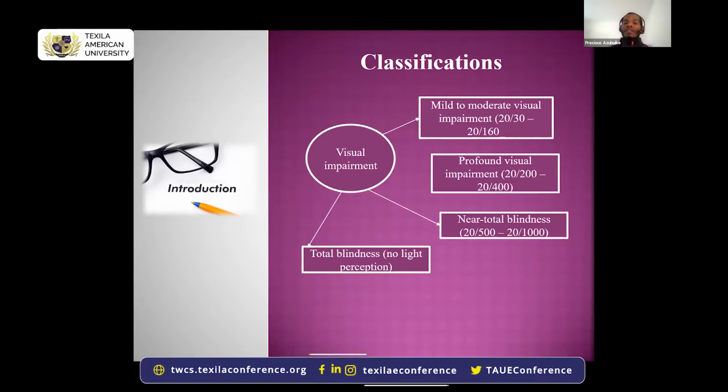People who fall within the categories of 20/500 and 20/1000 have near total blindness. When individuals are unable to perceive light at all, that is categorized as total blindness.